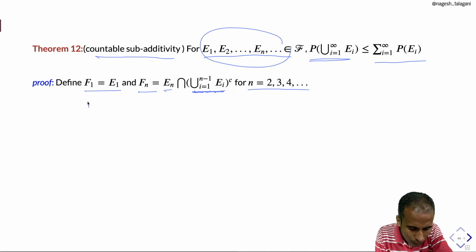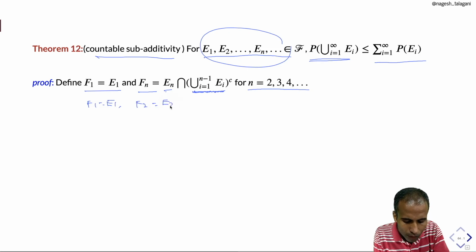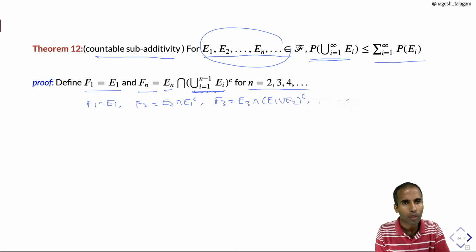For example, F1 is the same as E1, but F2 consists of outcomes in E2 which are not in E1. F3 consists of outcomes in E3 which are not covered in E1 or E2. You get the idea.